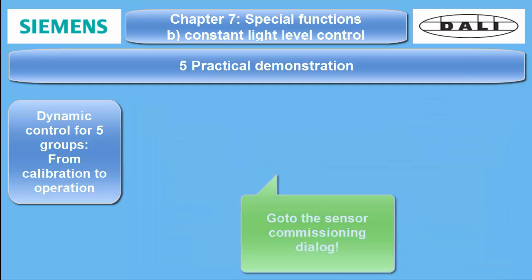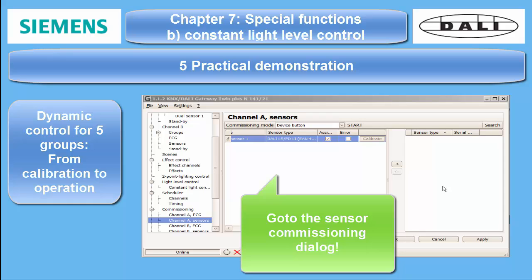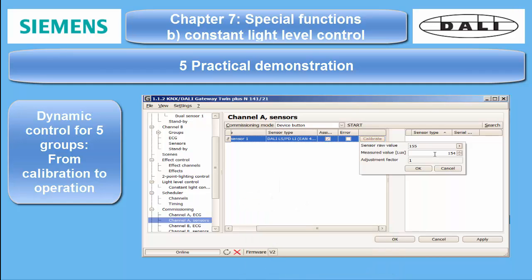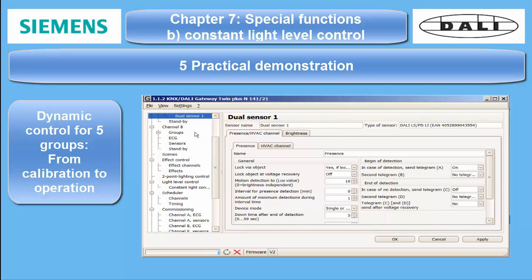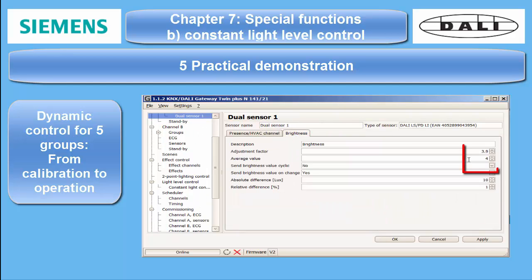I change to the sensor commissioning dialog. The right column shows the button Calibrate. When you open it, you can see the current measure of the sensor and the gain. I simply enter 600 lux here, which returns a gain of 3.9. This value is synchronized with the corresponding parameter of the sensor, but still must be downloaded.